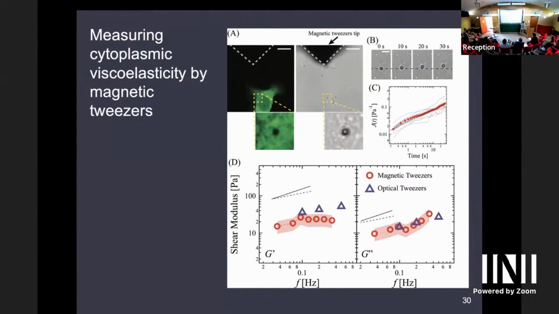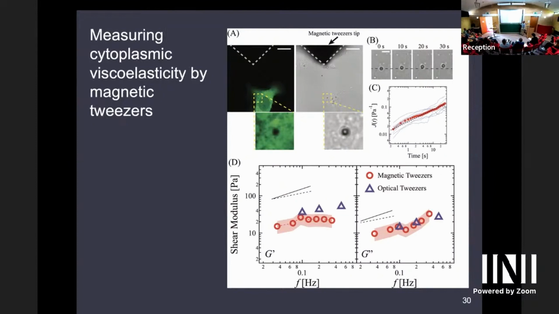So this is the tip of this ferromagnetic rod. And here's a cell, and there's a bead in here, and then you can sort of see about 50 microns away. And if you turn the current on, it moves a little bit, and then this is calibrated and so on. You get a step response, and you can calculate this G prime, G double prime in a fairly small frequency range, but good enough to get a reference.